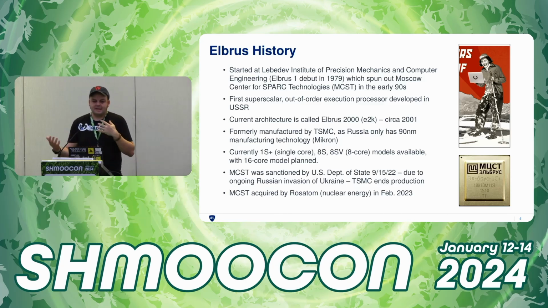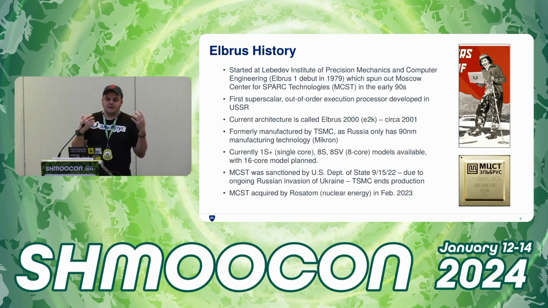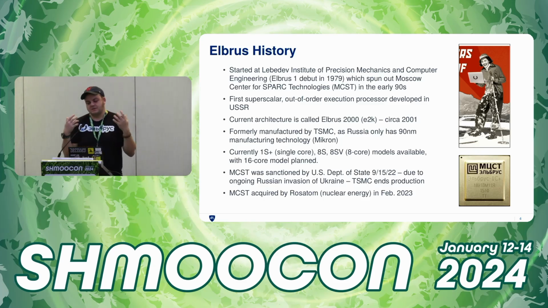If you think back to the 70s, this is when Intel was getting off the ground. We had the idea of scalar processor pipelines, where each instruction goes through the pipeline linearly, and Intel was starting to think about how to do this with out-of-order execution, so we execute things in parallel and get more efficiency.